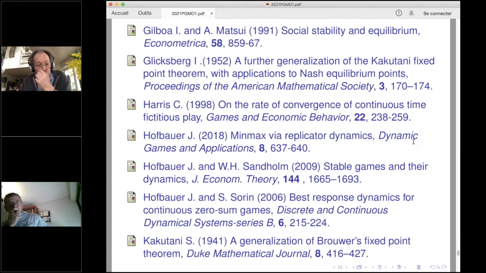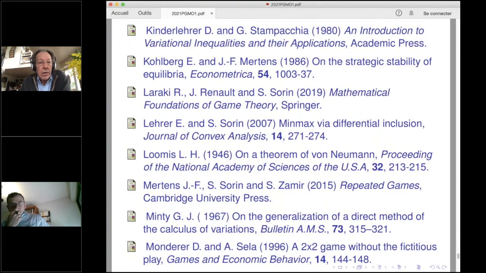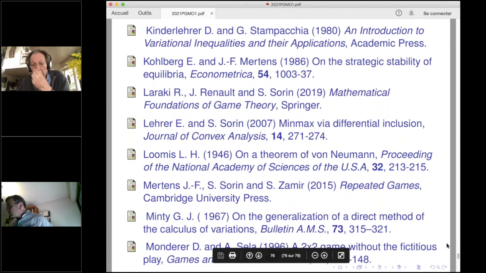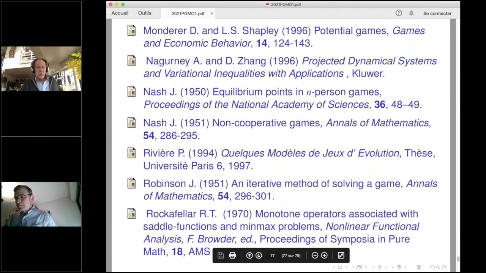And Kakutani. Kinderlehrer, variational, the example of Mertens, and the proof of Loomis, our book with Jean-François, the proof of Minty. Monderer and Sela was to prove the payoff for fictitious play, the average payoff. Monderer-Shapley, it's potential game.